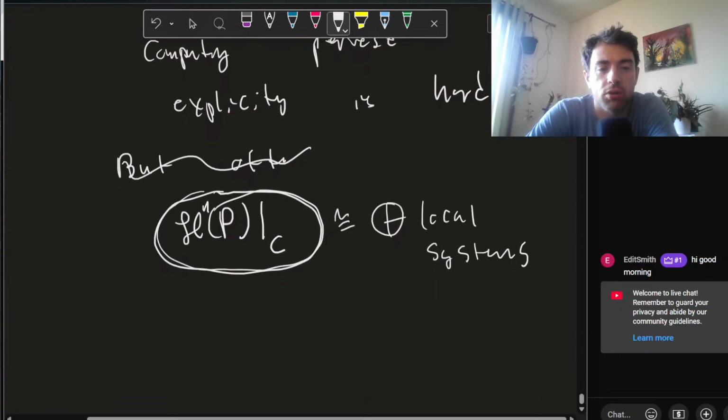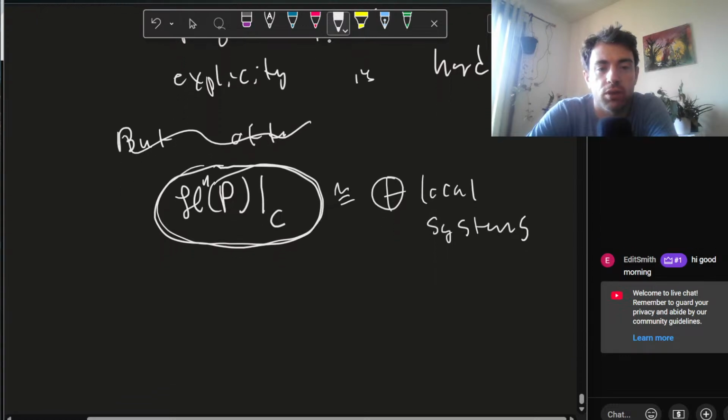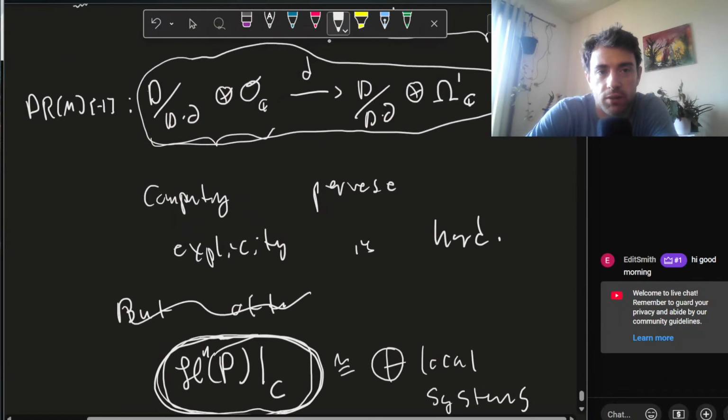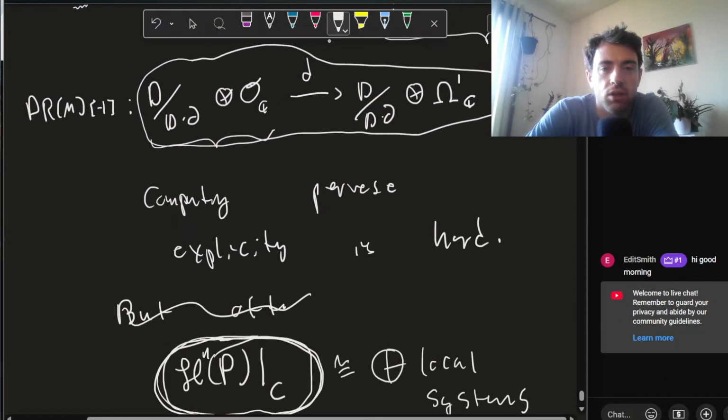Well, our understanding of perverse sheaves is really about computing cohomology and then taking the restriction of that cohomology to each strata. So let's look at that.